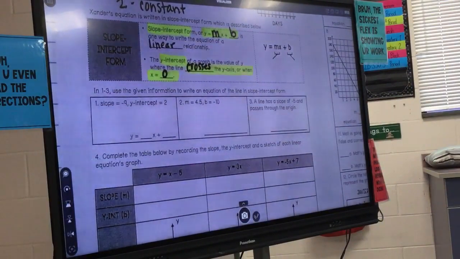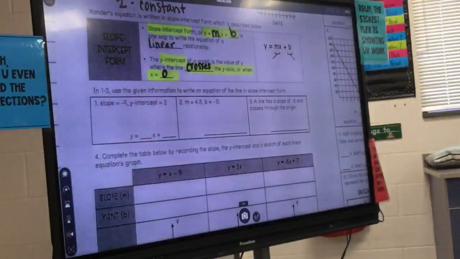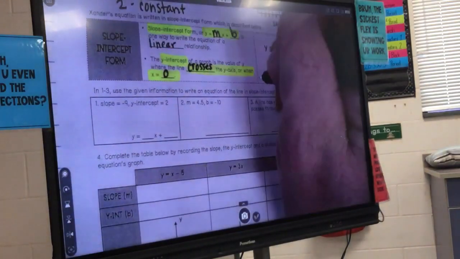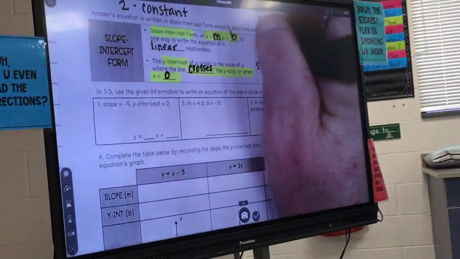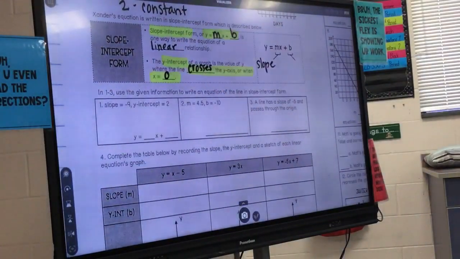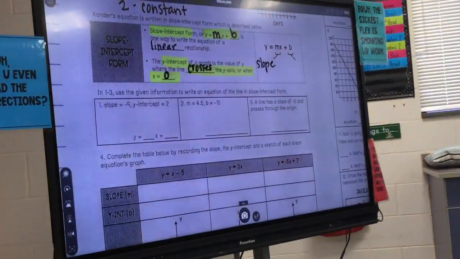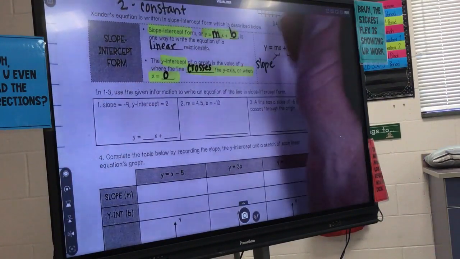So the m, is it our slope or is it our y-intercept? In our equation, the m is what? Our slope. And then our b, is that our y-intercept or is that our slope? There's only one option. Y-intercept. Thank you.